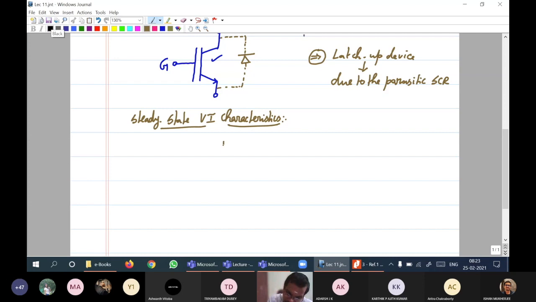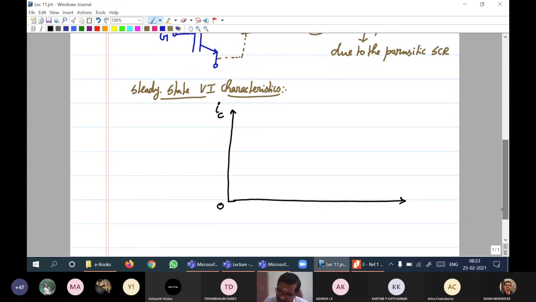Now, the collector current or the drain current. I will use collector current, but Nedmohan uses drain current. And the terminals, I will again use collector and emitter, whereas Nedmohan uses drain and source. I am telling you the difference as well.